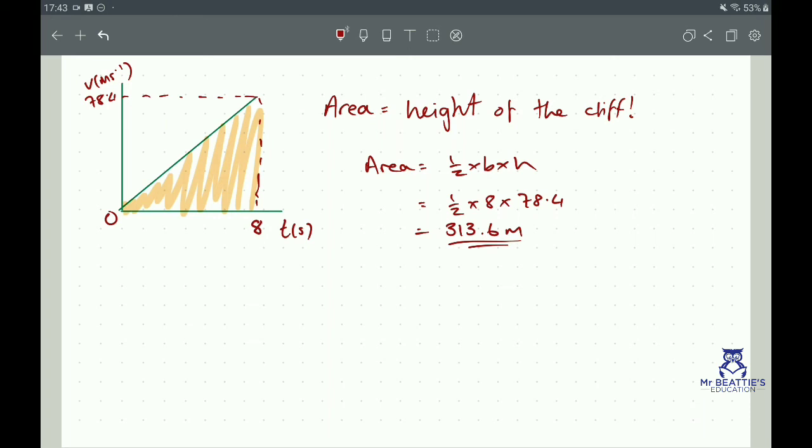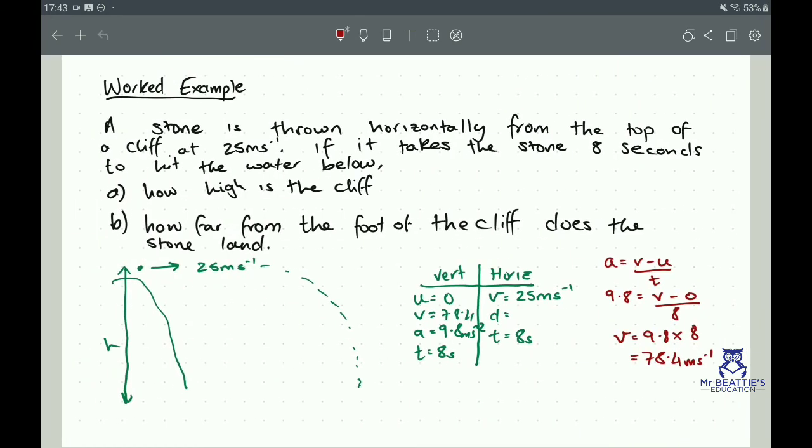Okay, so our cliff is 313.6 meters tall. So if we go back to look at the question, we've worked out the height of our cliff.